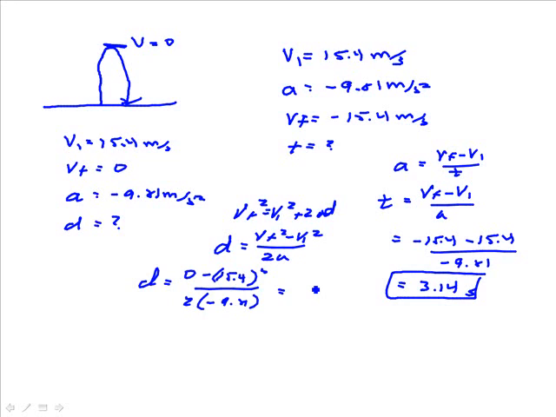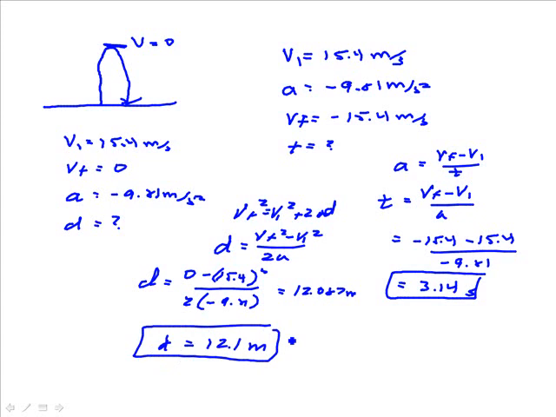And we get 12.087 meters, or in other words, the maximum height, if we go to 3 sig digs, is 12.1 meters. And that would be your answer. The maximum height reached by that object is 12.1 meters.